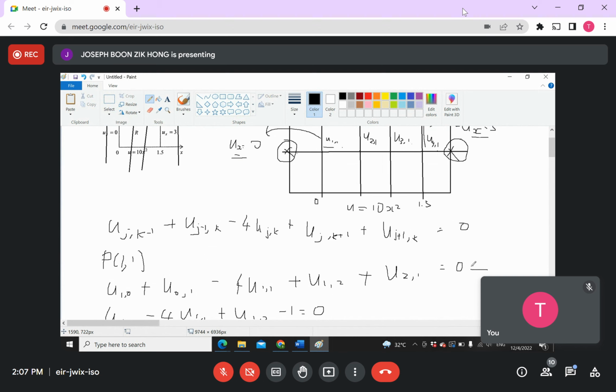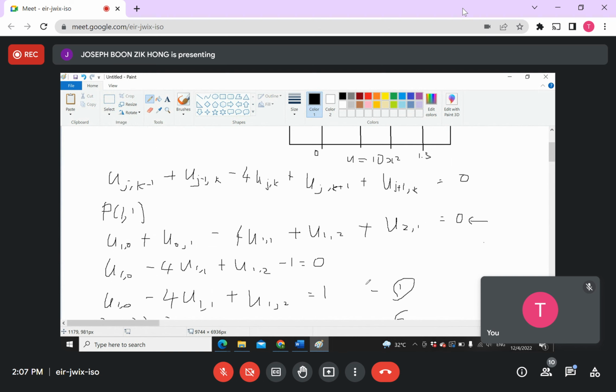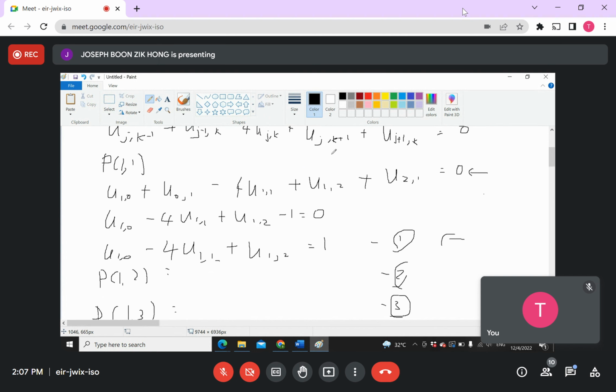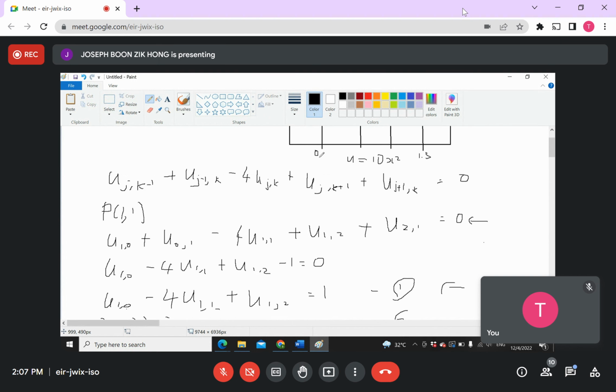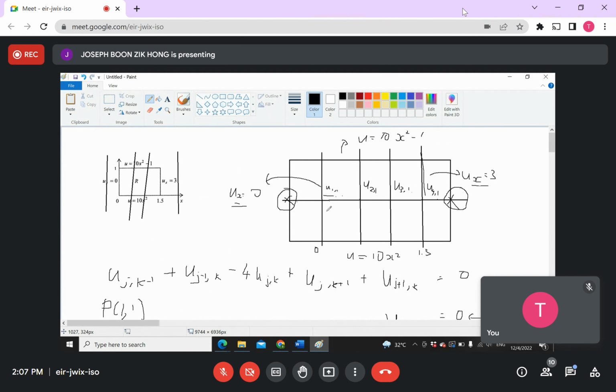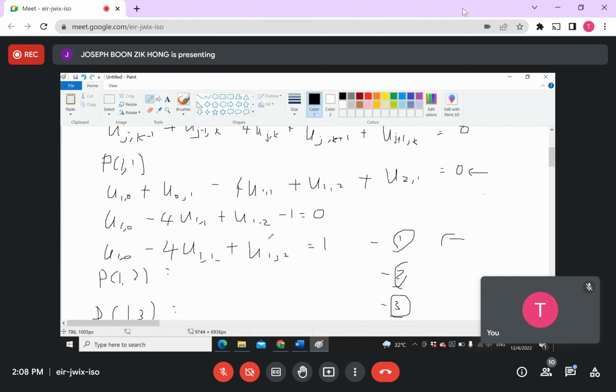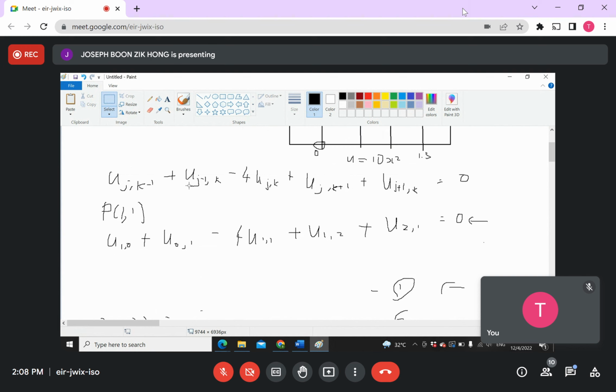So you will see if you want to find the U11, what you need? You need 1, 0. 1, 0 is here. Sorry, this one, let me erase it first. Okay, we look at here.